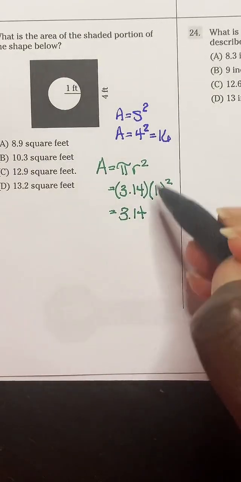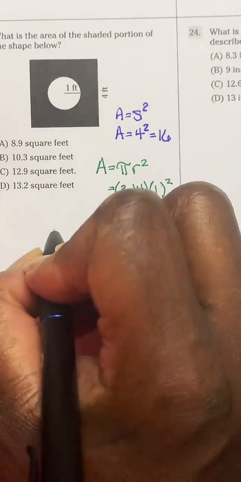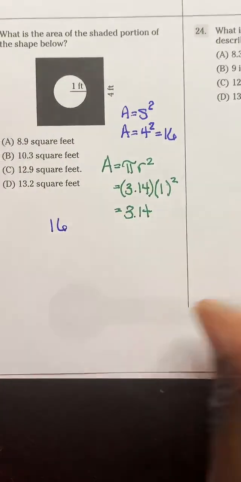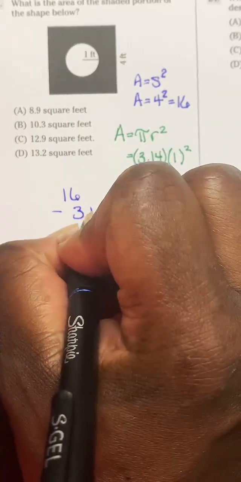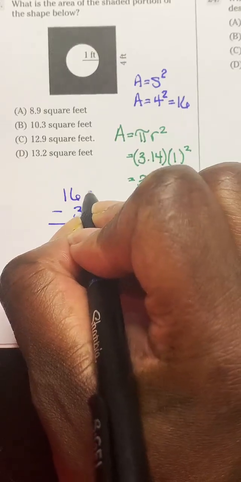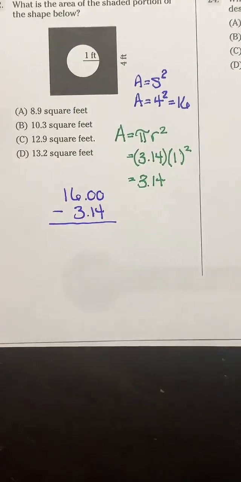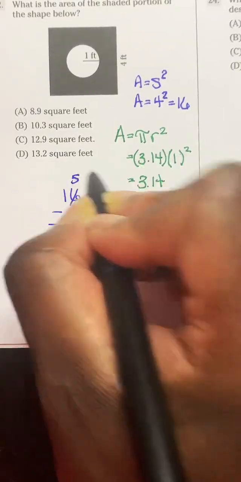So now these two answers we're going to subtract. So I've got my 16 put down here, minus my 3.14, that means I need to add some zeros up here. So I'm going to borrow from this 6, make it into a 5.